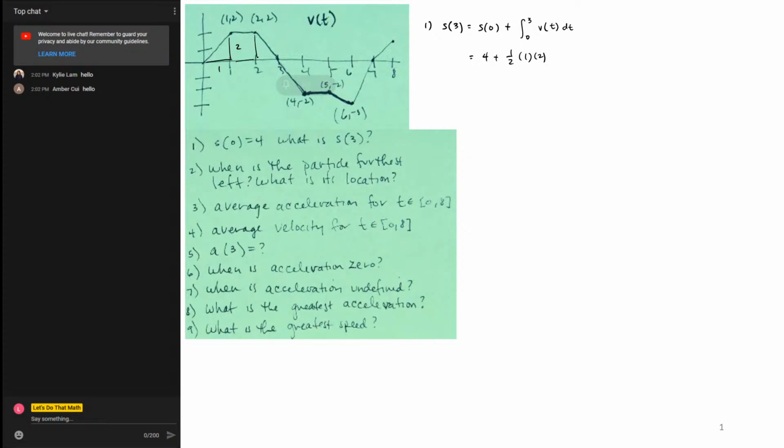Then we have a rectangle here, which is also 1 and 2. And then another triangle here, which is 1/2 of 1 and 2. So that's 4 plus 1 is 5, plus 2 is 7, plus 1 is 8. So that's going to be 8 as our answer.